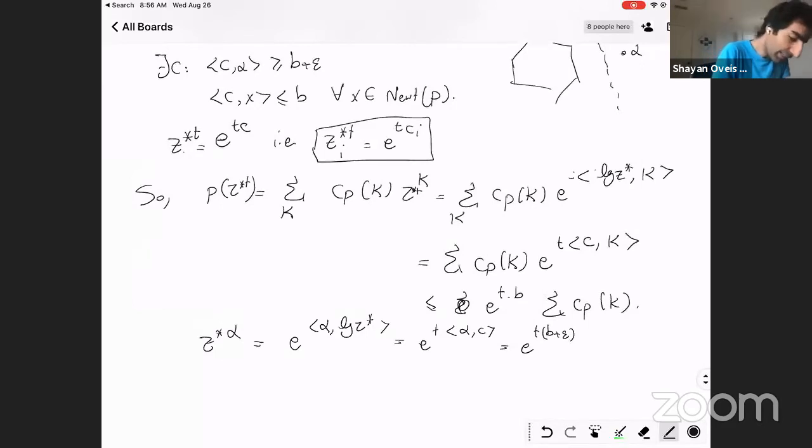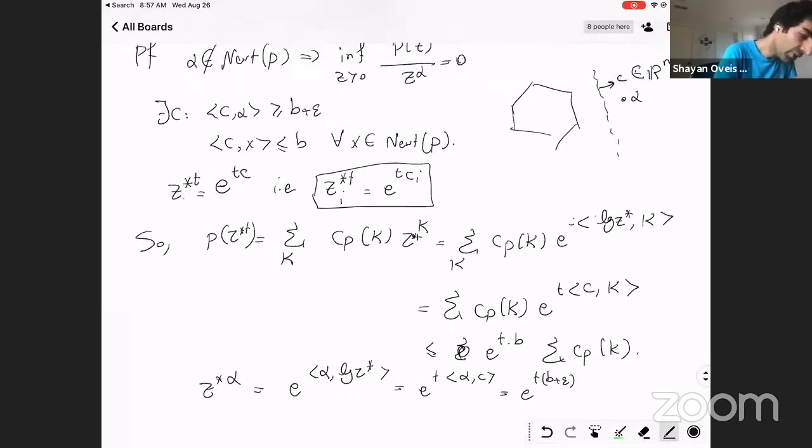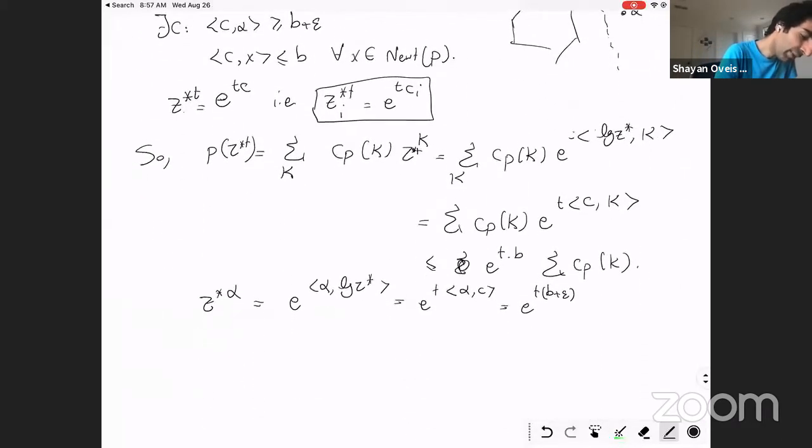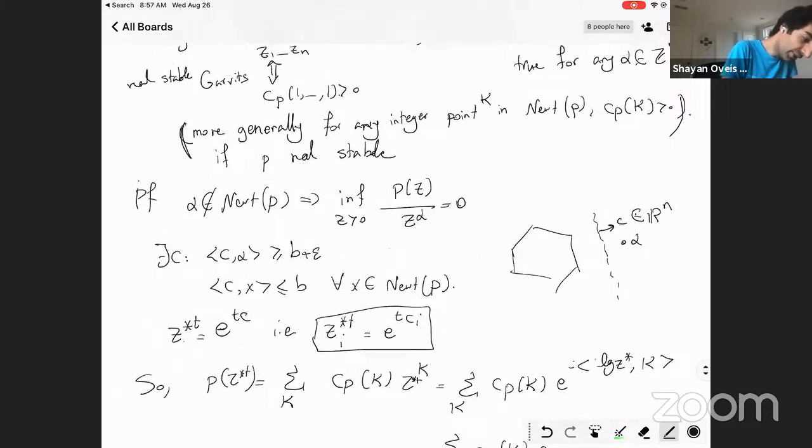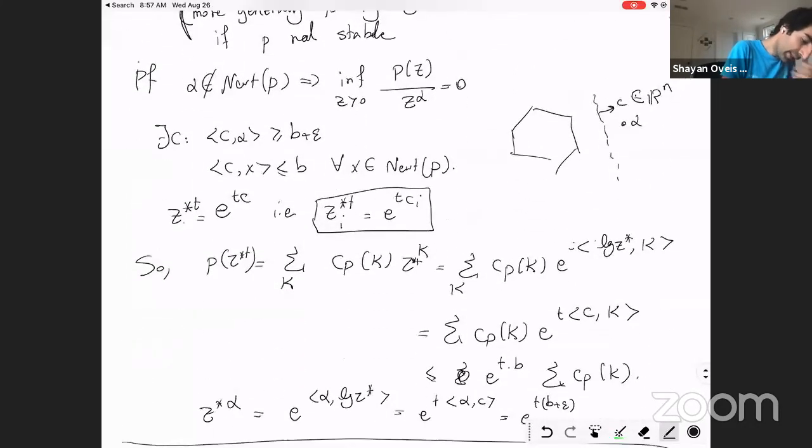Now you see that the top one has a summation of the coefficients, whereas the bottom one has this extra epsilon. When you let t go to infinity, the summation of the coefficients remains invariant, but this t times epsilon goes to infinity. So the denominator goes above the numerator, and this becomes 0. So what I showed was that if alpha is not in the polytope, the infimum is equal to 0.